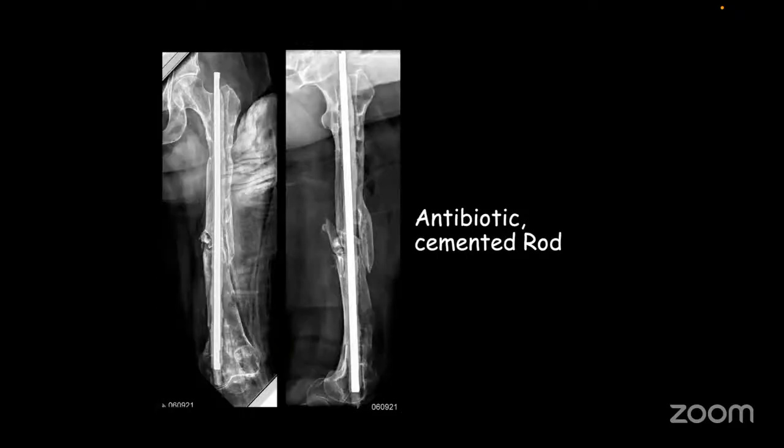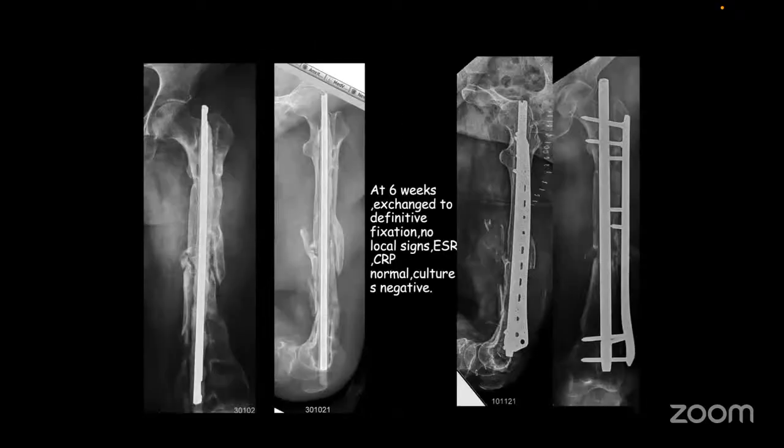Here, the antibiotic cement rod was used, and once the infection was under control, with no signs of infection, the ESR and CRP monitored, and the culture negative, it was converted to a nail and plate combo, and that went on to healing.